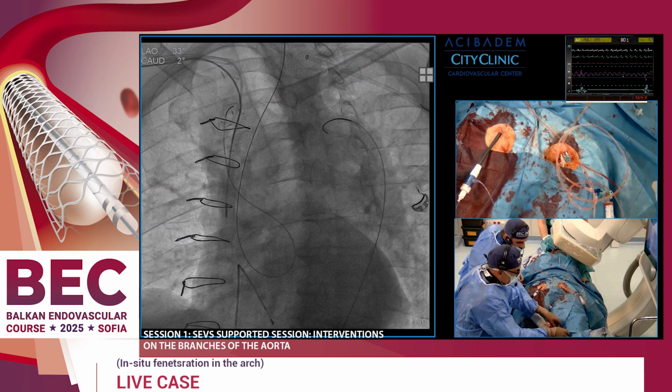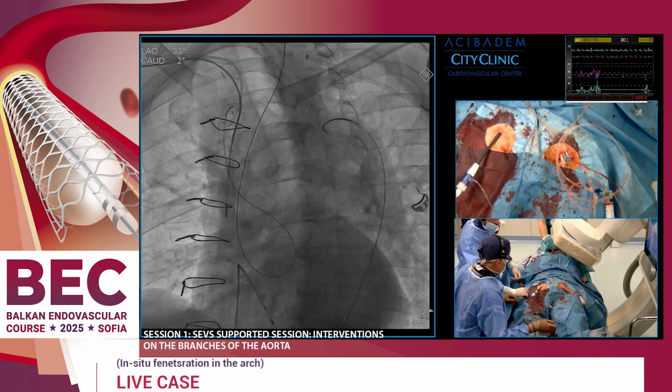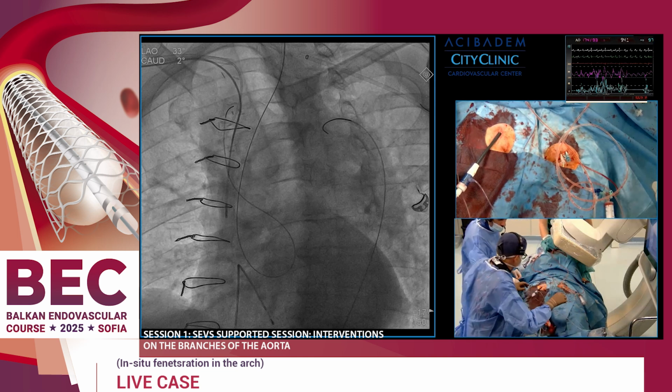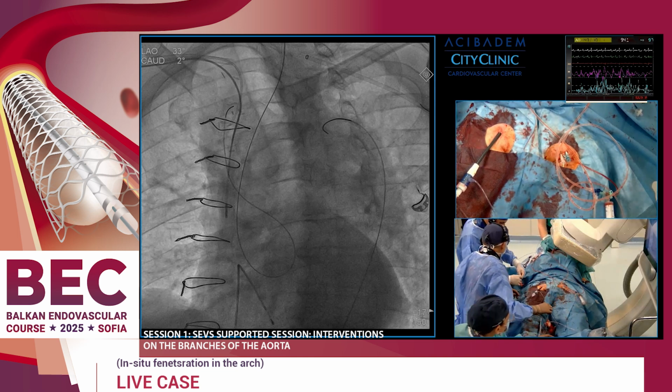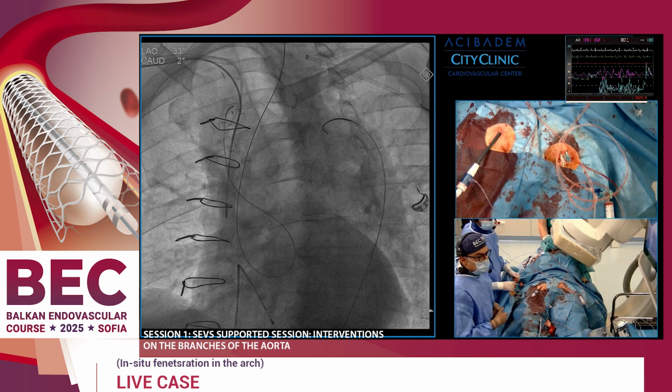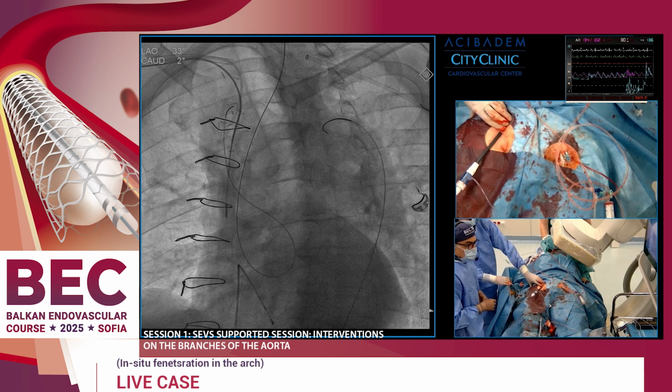We are going to put the second arterial line, Rossi, the second arterial line in the pigtail, positioned in the brachiocephalic. Okay. So you see both arterial pressures.